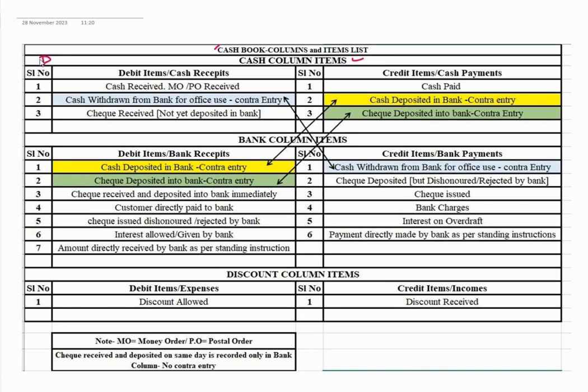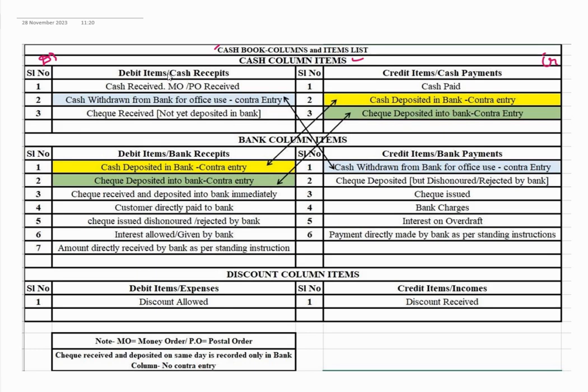Debit means all receipts should be written on the debit side, and all the payments should be written on the credit side. Credit side payments means what is going from us. Debit side cash receipts means what is coming to us. Money coming to us in any form is a cash receipt.